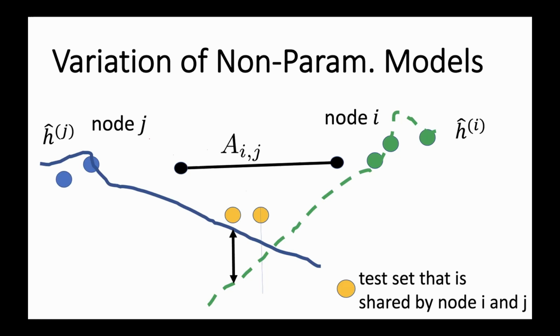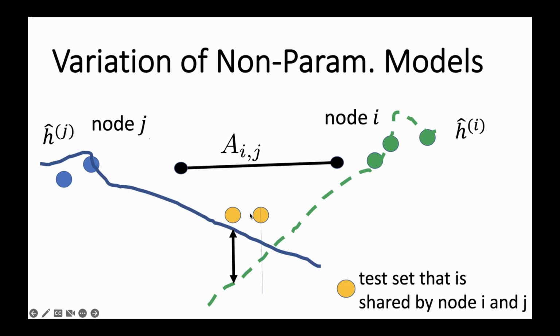One way to compare them is by looking at their predictions on a common test set. We train a model for node j on the data set for node j, and another model on the data set for node i. These can be arbitrary models, non-parametric, parametric, whatever you want. The thing is, we get a hypothesis. A trained model means a learned hypothesis that can be used to predict the labels of data points. In particular, we use them to predict the labels on these two data points, which we call a test set, used by both nodes.